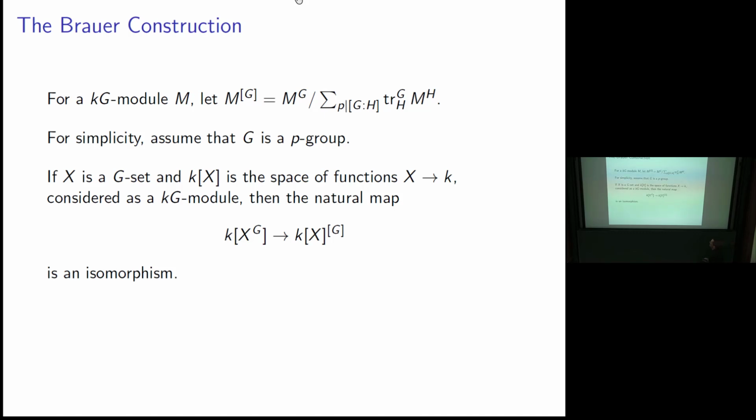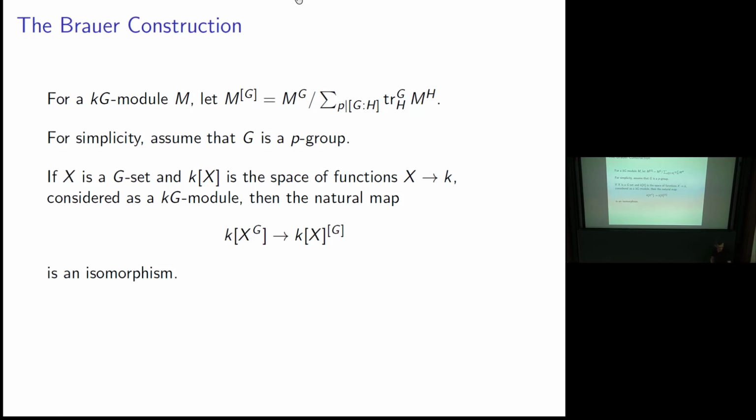And so this now gives you the fixed point set, and this is very easy to check. Right, you take one orbit, and so you look at the fixed points as a module, that's the sum of the elements, or since we're doing functions on x, it's the constant functions, right?